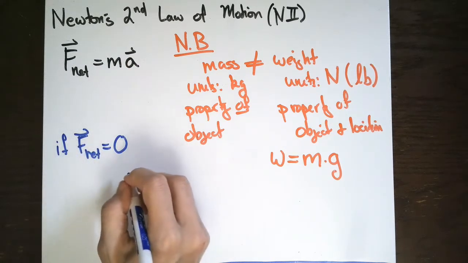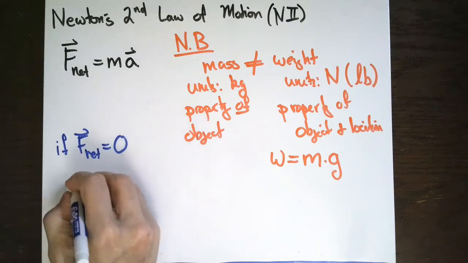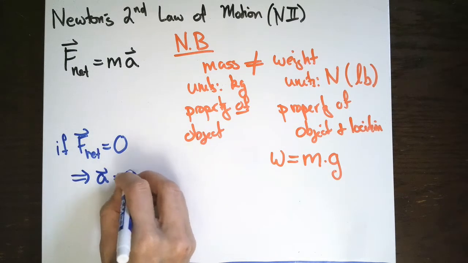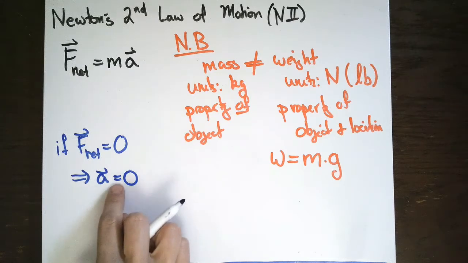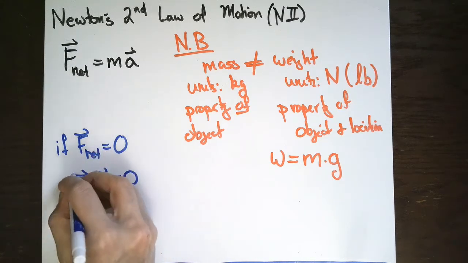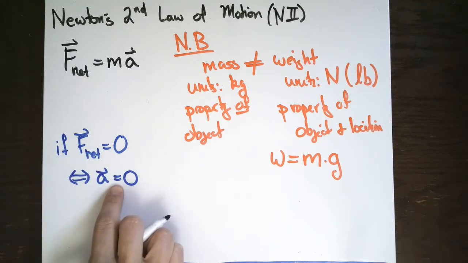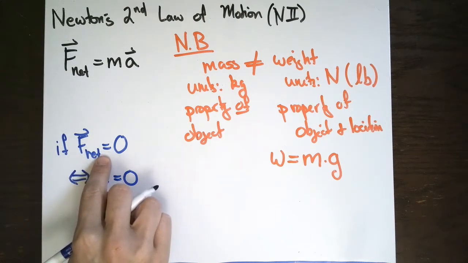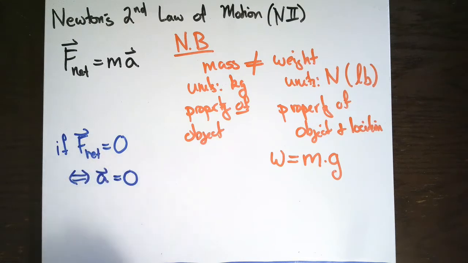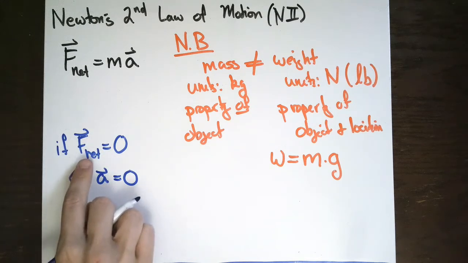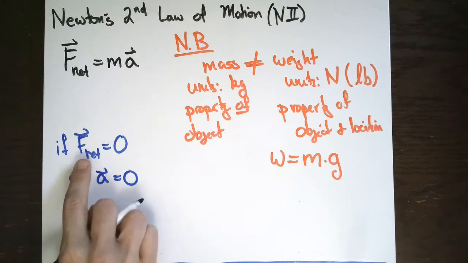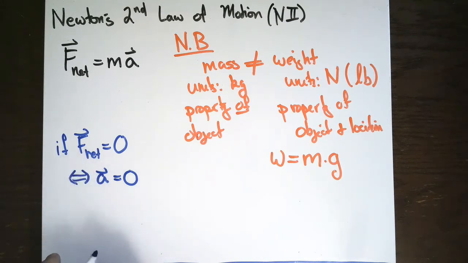And alternatively, if we see that the acceleration is 0, then the net force on the object has to be 0. It's not quite the same thing as saying that there is no force on the object that has acceleration 0. It's just that those forces must be balanced.